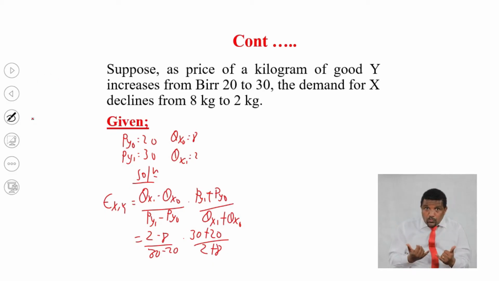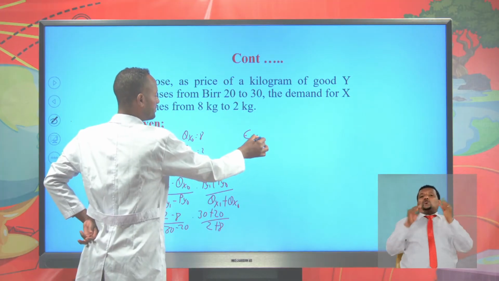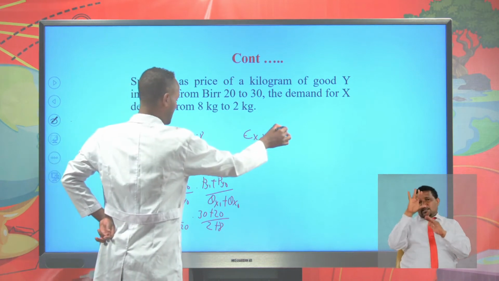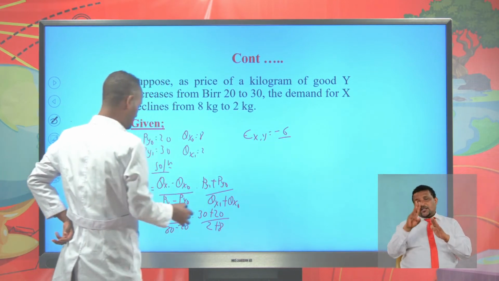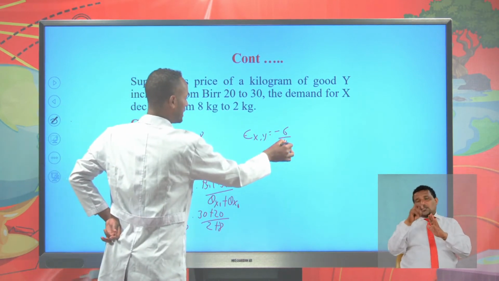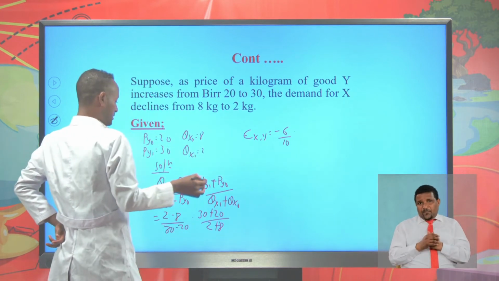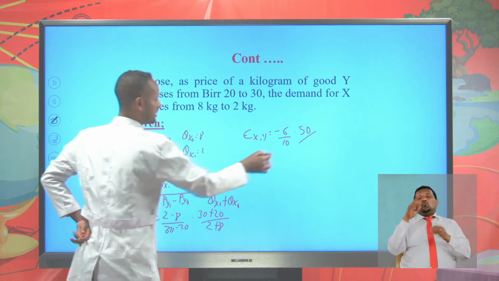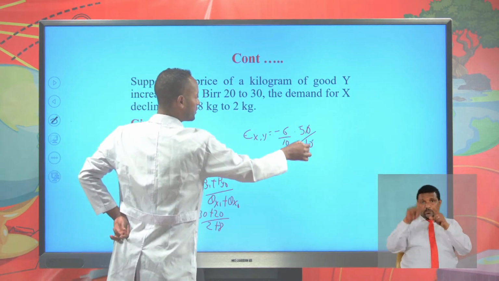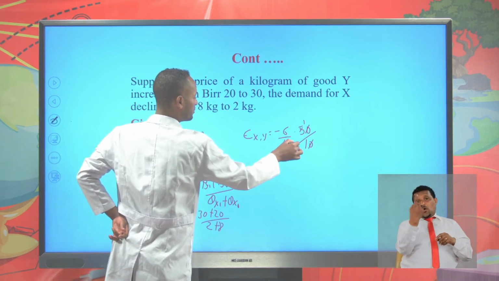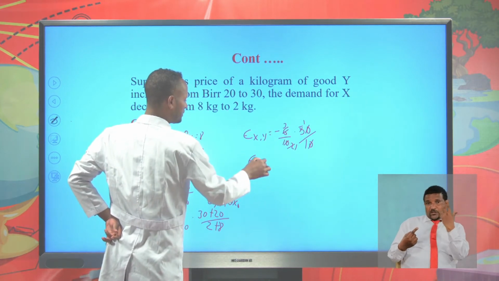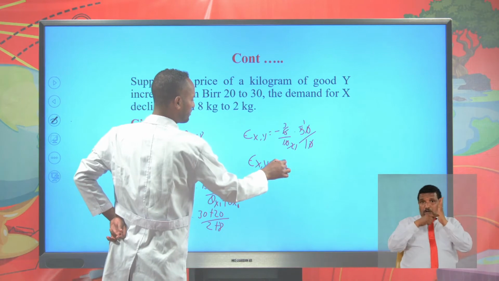Now the cross price elasticity of demand between X and Y equals 2 minus 8, which is minus 6, divided by 30 minus 20, which is 10, multiplied by 30 plus 20, which is 50, divided by 2 plus 8, which is 10. When we cancel, the cross price elasticity of demand between X and Y is minus 3.